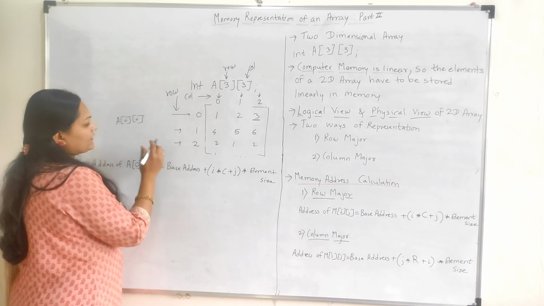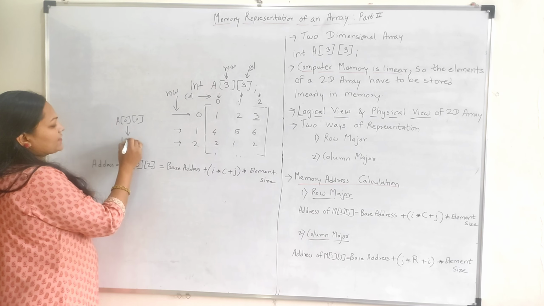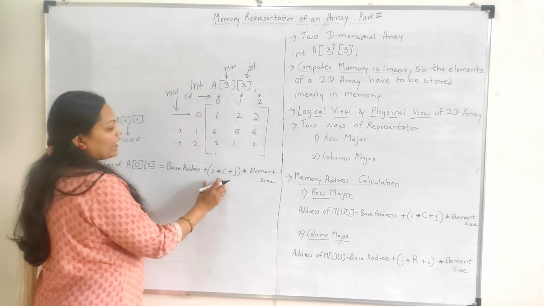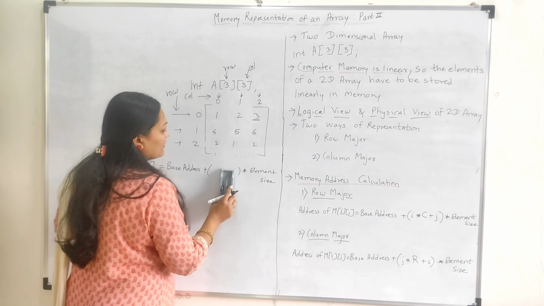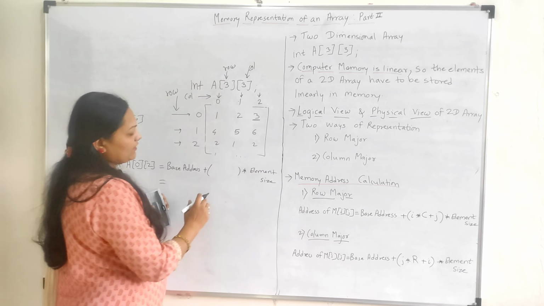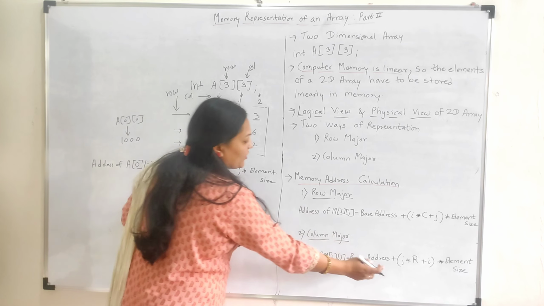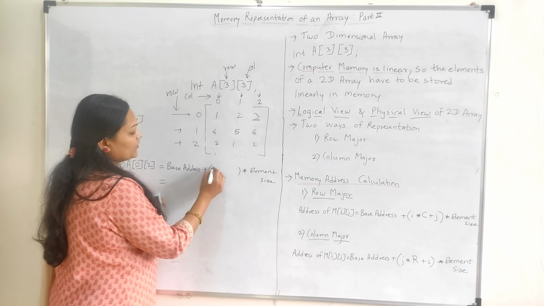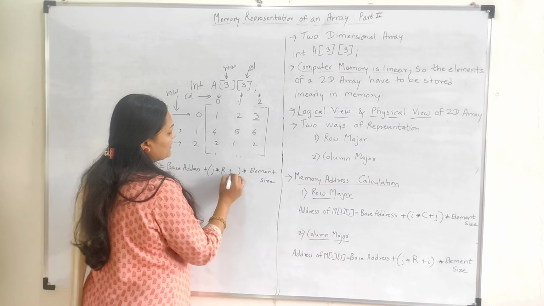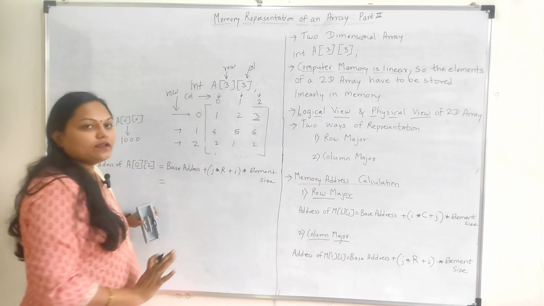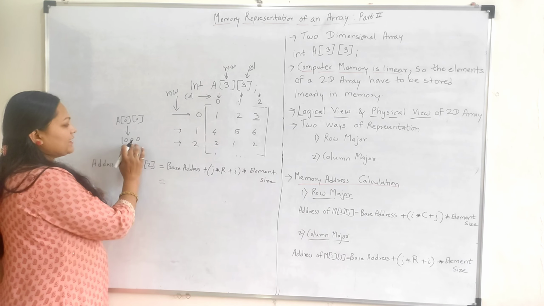So the base address we will consider as 1000, and we will calculate the address for that. But here is the change. If it is column major, what is the change? You need to mention J into R plus I. Remaining things are same. So what is the base address here?